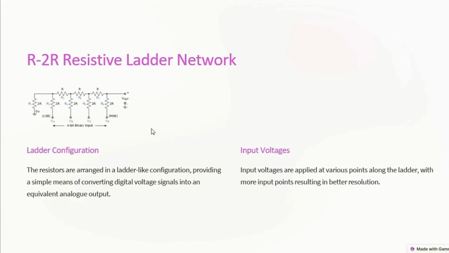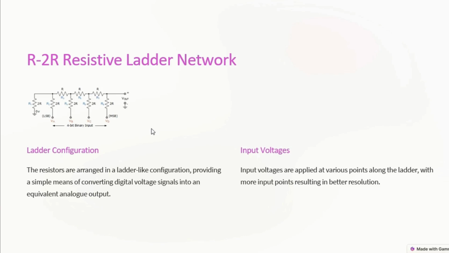As its name implies, the ladder description comes from the ladder-like configuration of the resistors used within the network. An R2R resistive ladder network provides a simple means of converting digital voltage signals into an equivalent analog output.